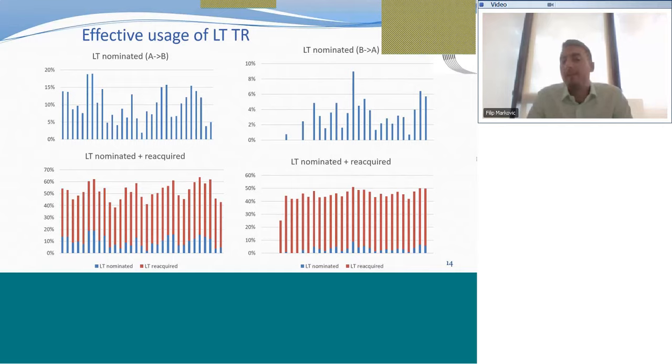And this way, traders prolong their obligation to nominate their rights. So instead of nominating by the long-term nomination deadline, they delay that nomination until the end of daily nomination.